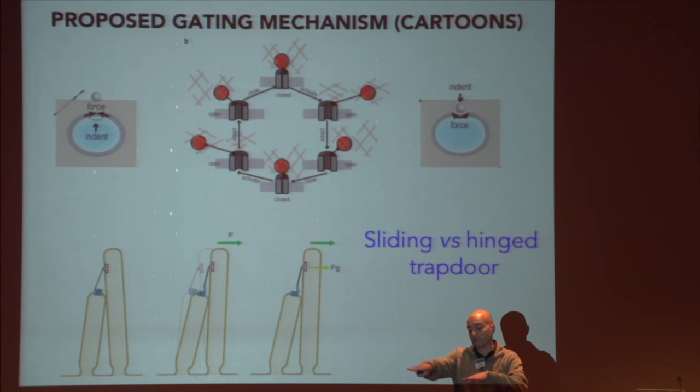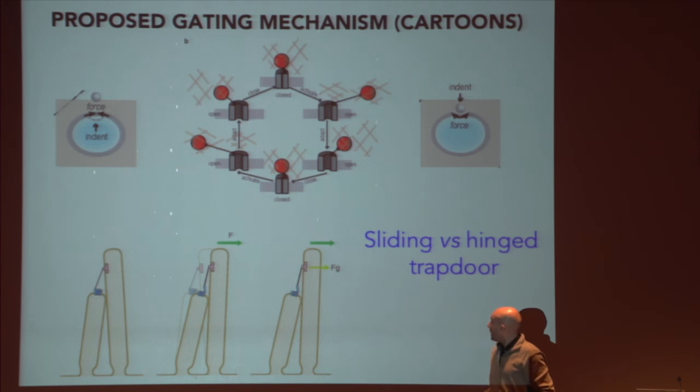When you apply, it goes one way. When you relieve, it goes the other way. So a simple mechanism that can lead to the symmetry in the response that we have observed is to assume that there's, again, a trapdoor, but rather than having a hinged trapdoor, like in the Hudspeth model for hair cells, you have a sliding trapdoor.